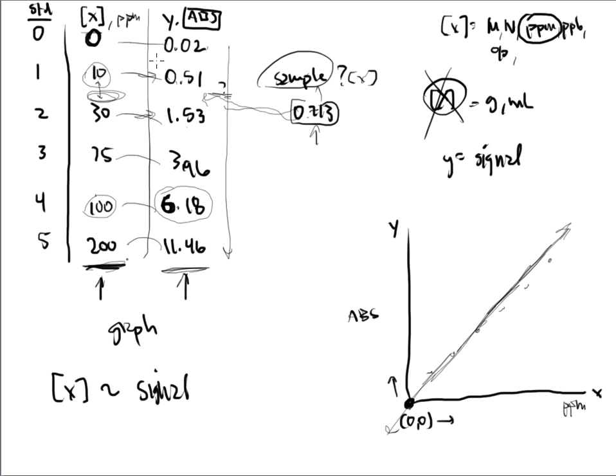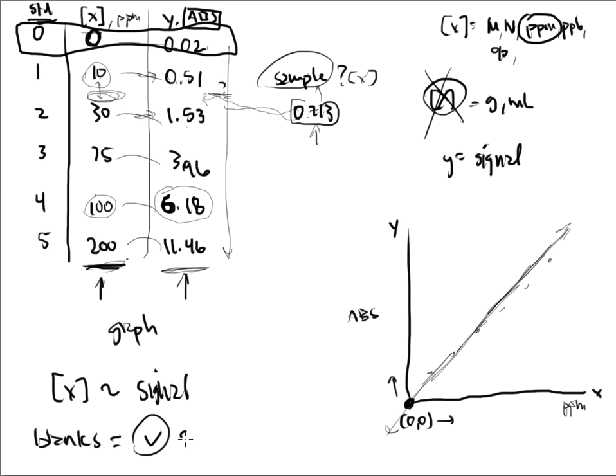One more thing I want to talk about before I stop the video, and that's the blank. Notice that this blank did not read as 0 absorbance. This blank ran as 0.02. Blanks, it's okay if they have a very small signal.